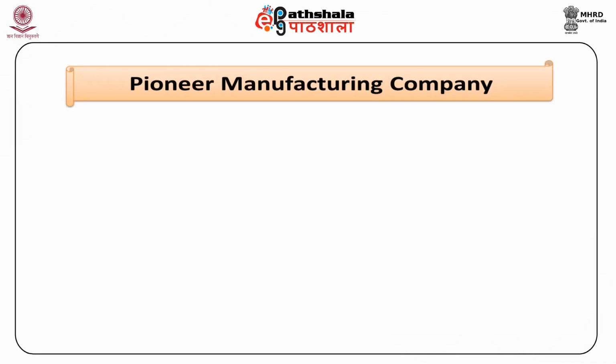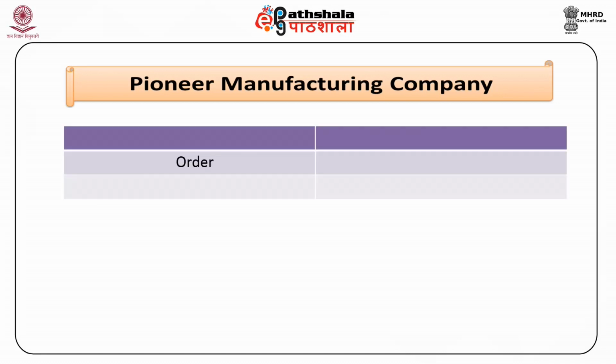Pioneer Manufacturing Company, makers of a specialized line of toys, receives an order for 2000 units of toy battle tanks from a large mail order house at a price of Rs 3 per unit.